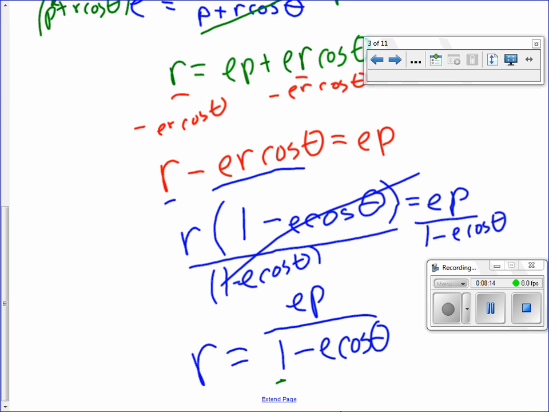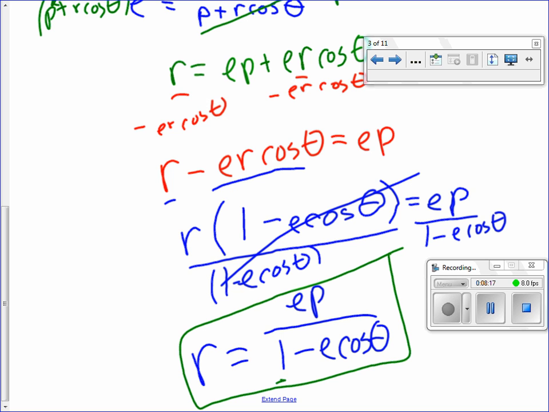So this right here, this equation is a polar equation because it's written as R equals, and the input variable is theta. And this equation represents all conics. It represents an ellipse, or a parabola, or a hyperbola.